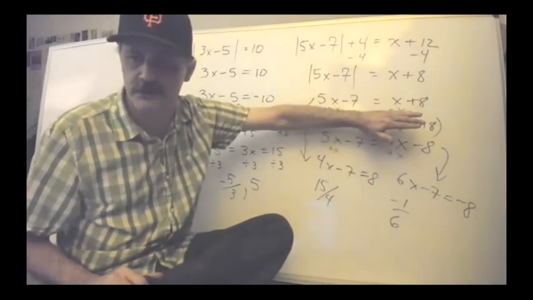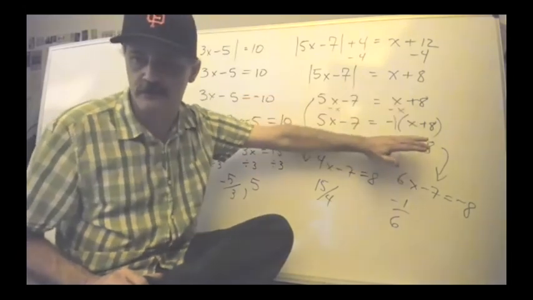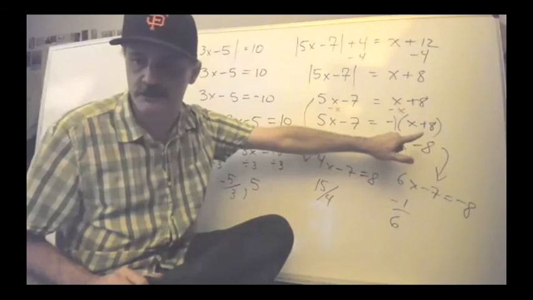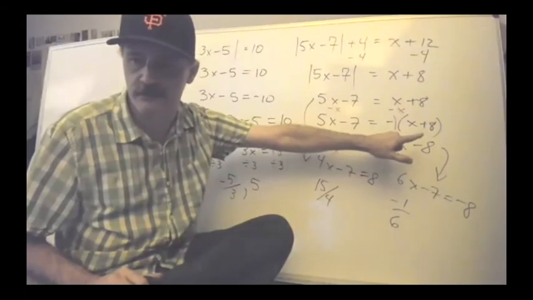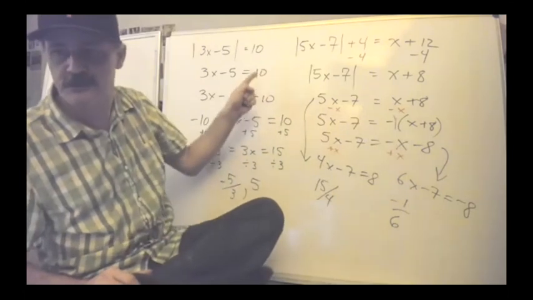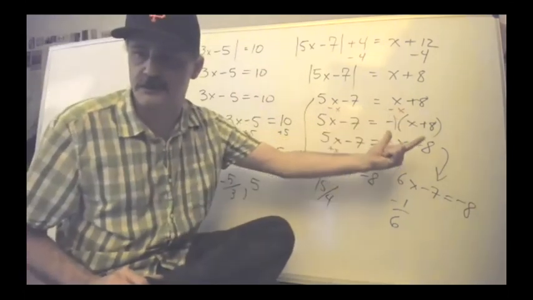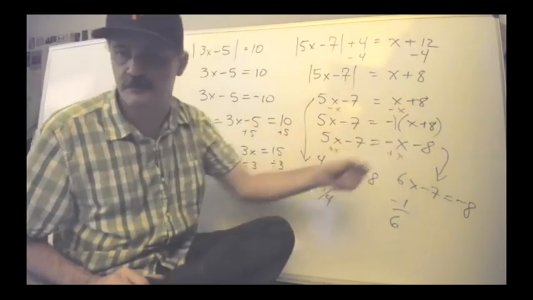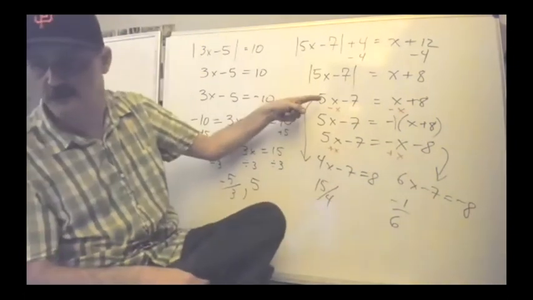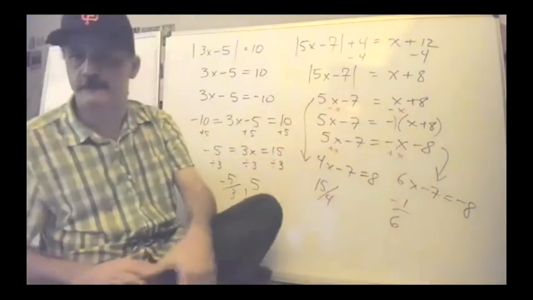So we haven't changed the x plus 8. Then when we drop the absolute values, second equation, we change the x plus 8. And that mimics the two ways this can happen. It's no different than this. It's just instead of 10 and negative 10, you had an expression x plus 8 and the opposite of x plus 8. And then you just solve these two equations. So this one I did down here, and that one I did down there. Okay?